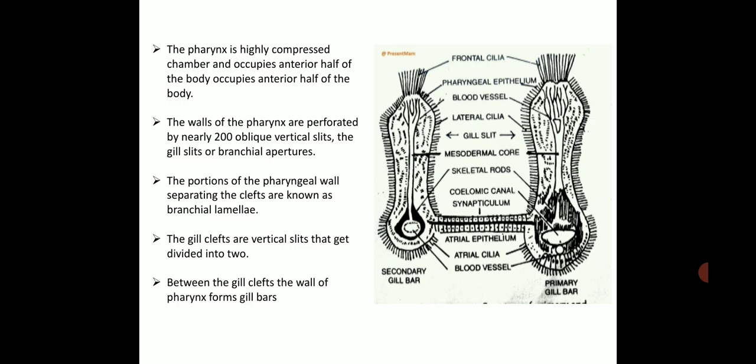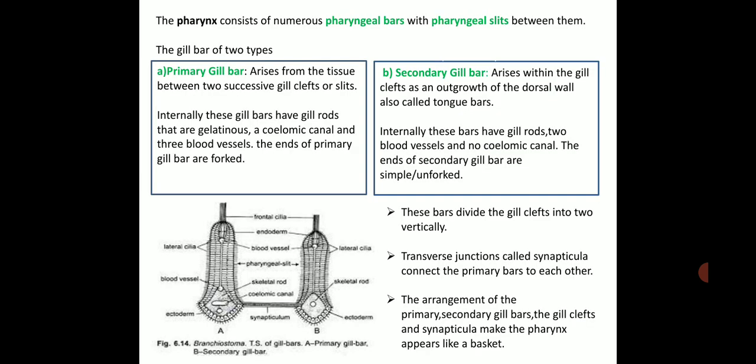In this picture you can clearly see the division, and also the presence of two gill bars, the primary gill bar and the secondary gill bar. The pharynx consists of numerous pharyngeal bars with pharyngeal slits between them. The gill bars are of two types, primary and secondary.